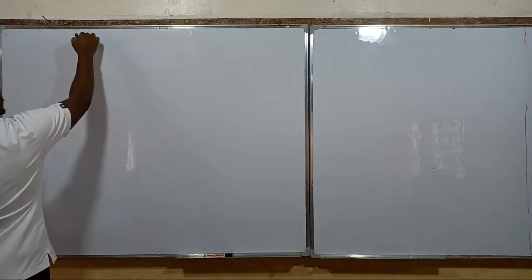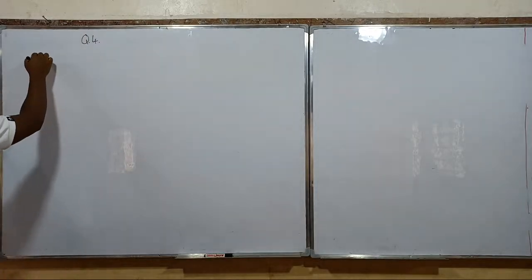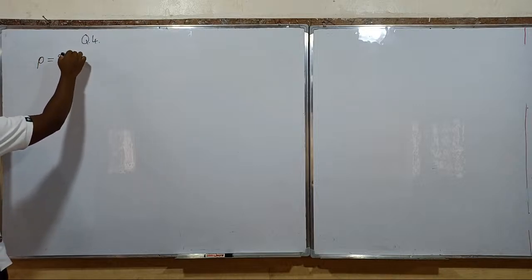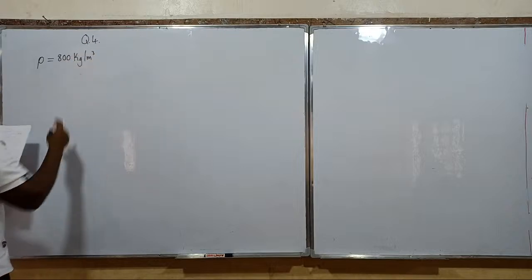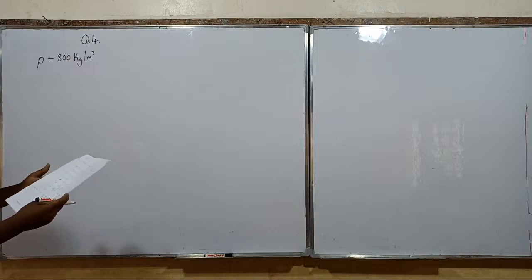Number one, this is question 4. Number one, we've been given density, right? So density 800 kilograms per cubic meter. What else? Pressure. What's the pressure given? 2 atm. Okay.